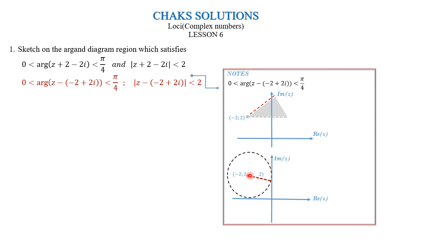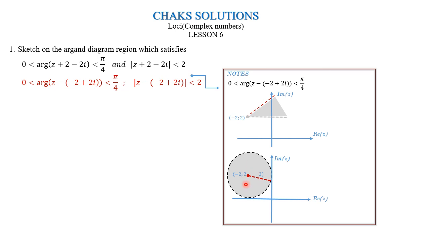So now we need the distance from the center to any of those points to be less than 2. So moving from this point to a point inside the circle, it's less than 2. And moving from the point to the circle is equals to 2, but we need less than 2. So we are going to shade inside the circle here. So this is the region that we are shading.